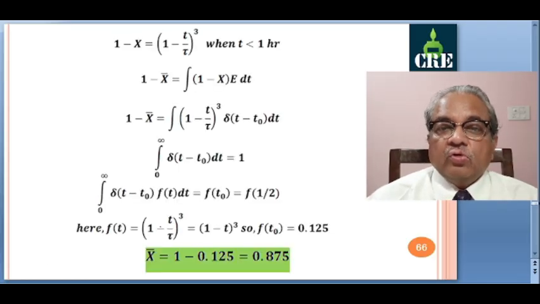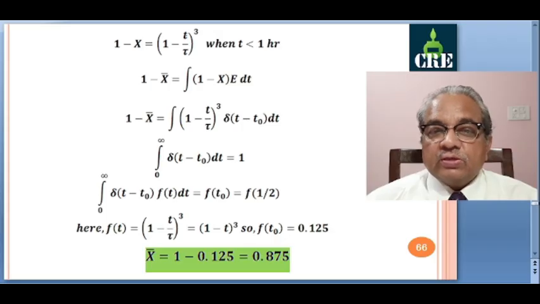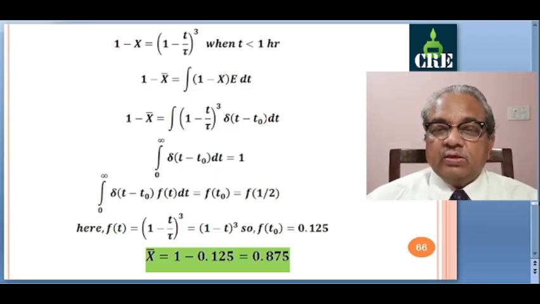So again 1 minus x is (1 minus t by tau) whole cube for t less than 1 hour. 1 minus x bar will be the integral of 1 minus x into E dt. So 1 minus x is (1 minus t by tau) whole cube and E now is delta of t minus t0. That is your Dirac delta function.